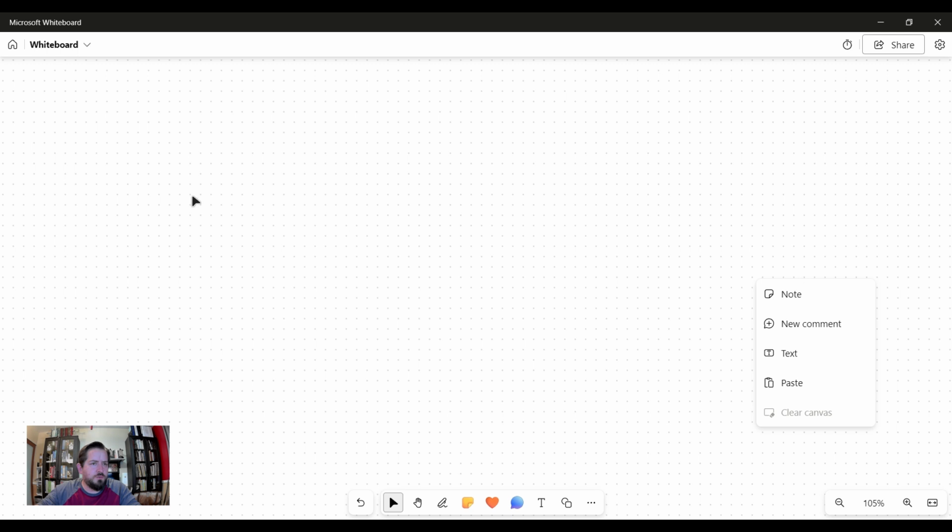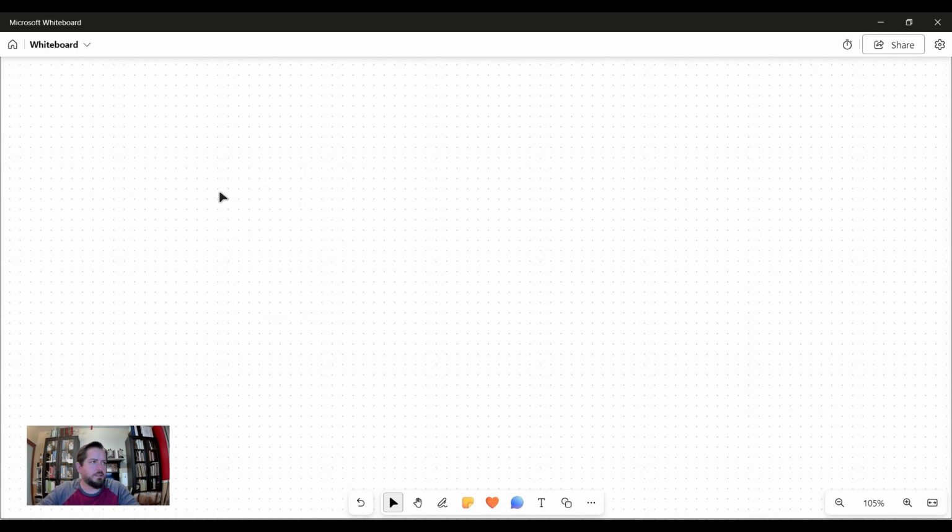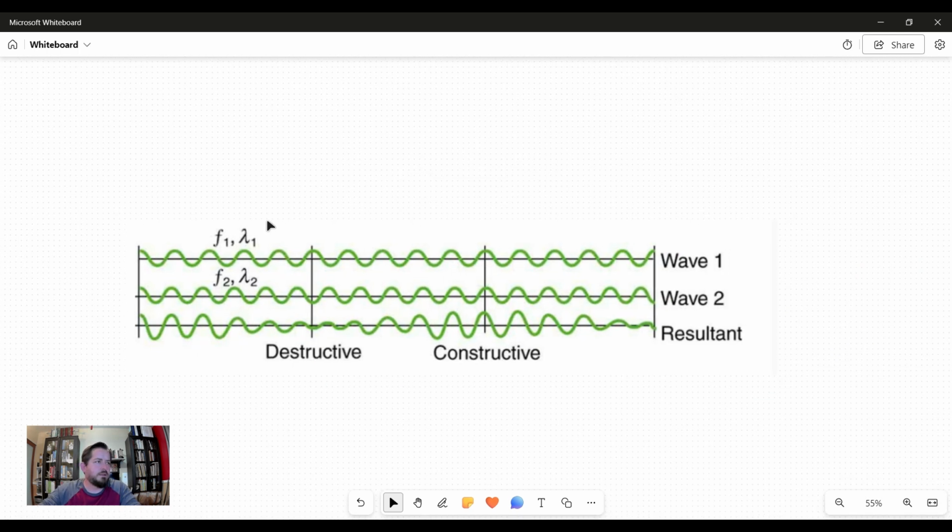Now, if I have two waves that have slightly different frequencies, right? It's hard to see here because they're fairly close. But I start at a maximum at one point, and after some amount of time, I get to a destructive interference. After another amount of time, I get to another constructive. So here, it's constructive.